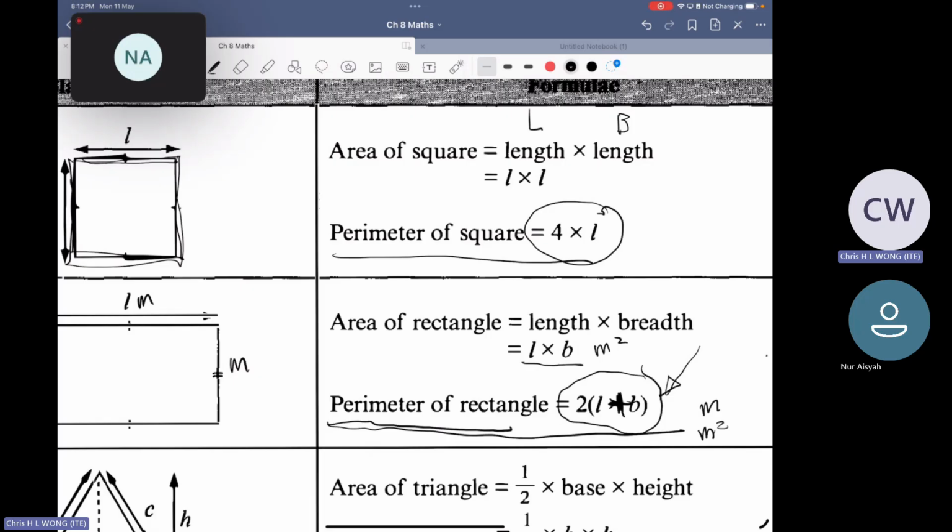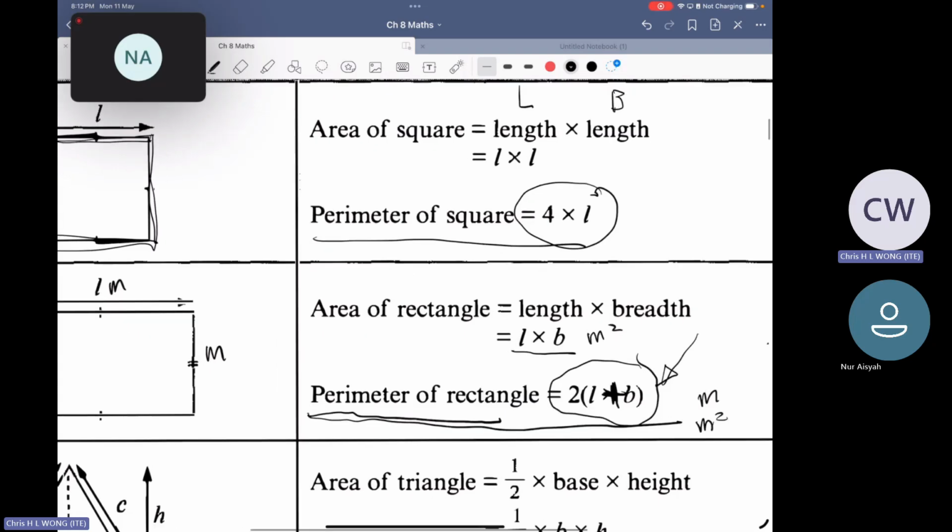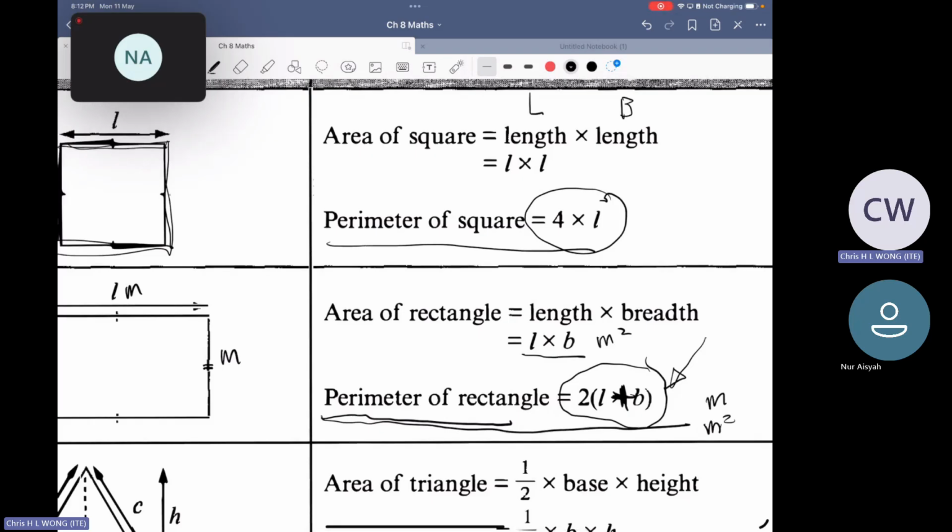Meter, right? It should be meter, because you're not multiplying, you just add. When you times, you have a square. When you plus, there's no square. So the perimeter unit is always meter, without the square. Area always comes with a square.